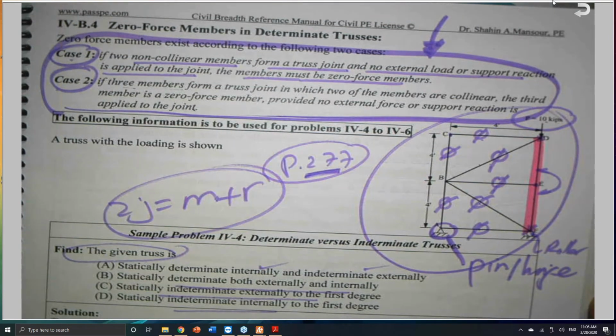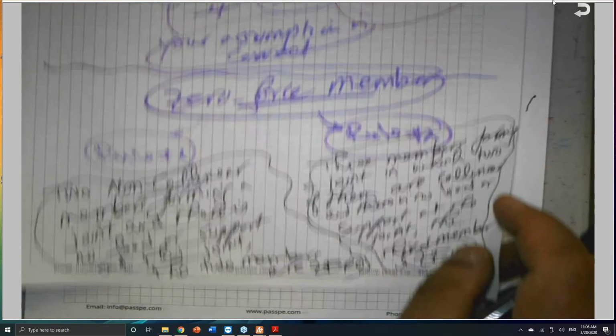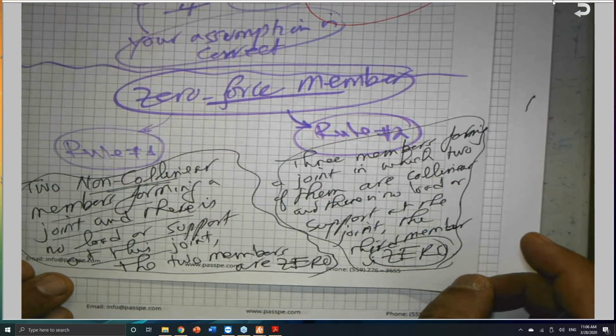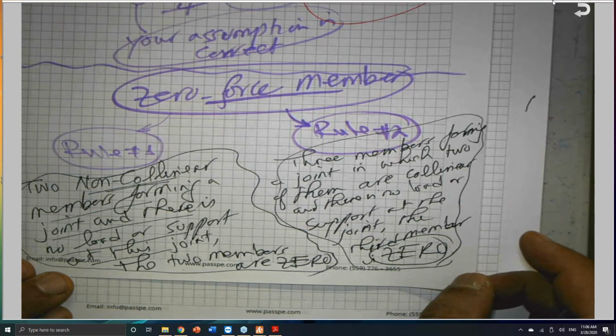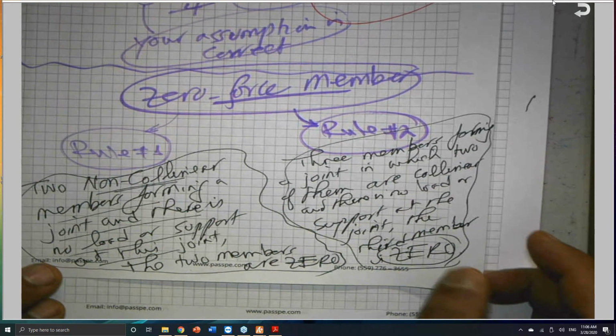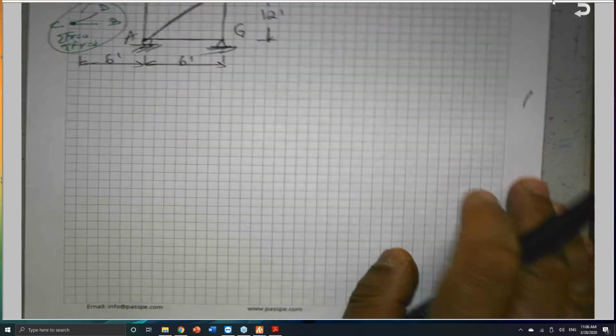Probably they reverse it. This is another language. Here it is: 3 members forming a joint in which 2 of them are collinear and there is no load or support at the joint, the third member will be 0. Let's translate this into English.